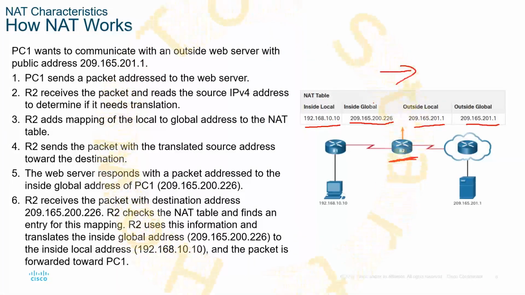So for all intents and purposes, all returning packets will have the inside global, or public, IPv4 address. R2 receives the packet with that destination address, checks the appropriate NAT table, does the correction, changes it from the inside global to the inside local, and then forwards it appropriately.